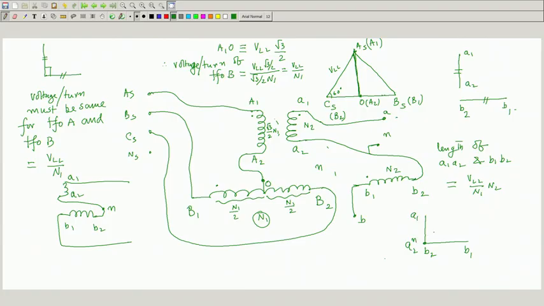That is what I mean. The earlier one will also do, but anyway let us draw it like that. So, that A1 B1 supply comes out like that and this is your balanced two phase voltage.